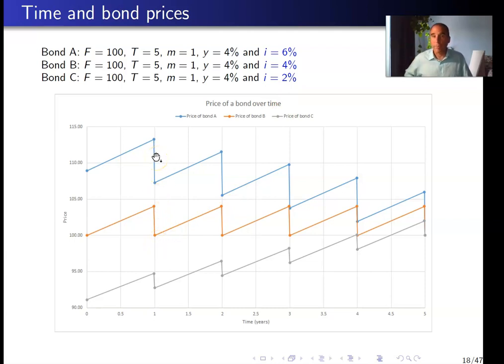So each time a coupon payment is made, the second after, the bond price falls by $6. Whereas for this one, each time a coupon is made, the bond price falls by $4. And for this one, the bond price falls by $2. But all these three bonds will terminate their journey at a price F. And this is the end of this first video.